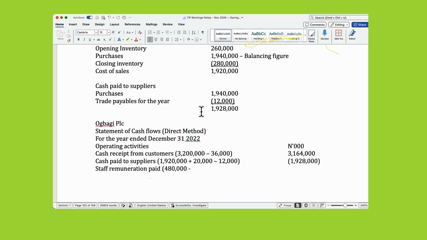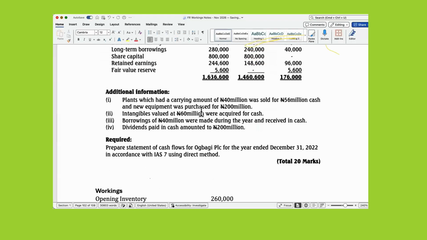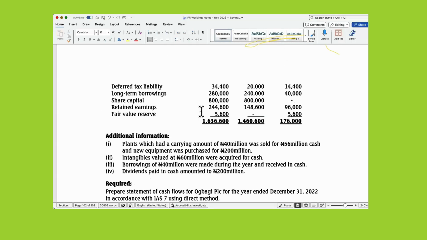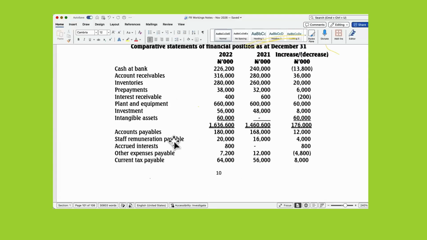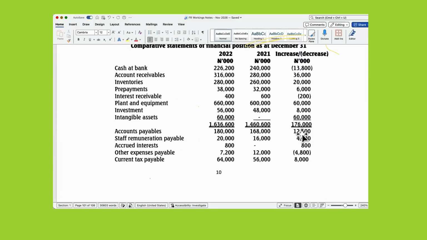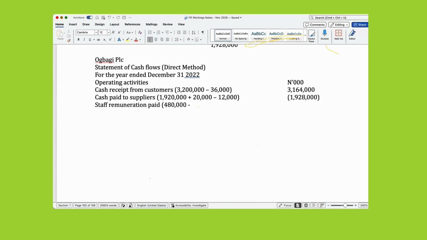I take away the non-cash, which is 4,000. That's the liability for the year. So minus 4,000, which gives me 476 as an outflow.